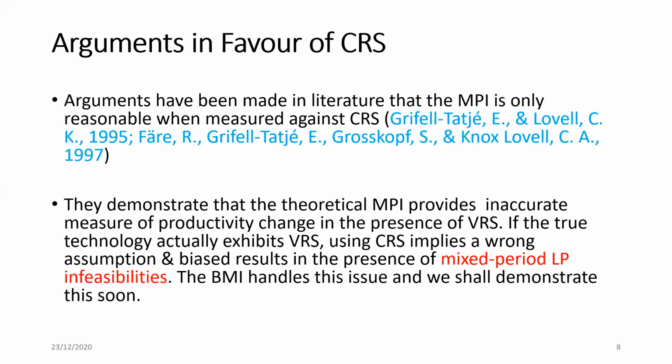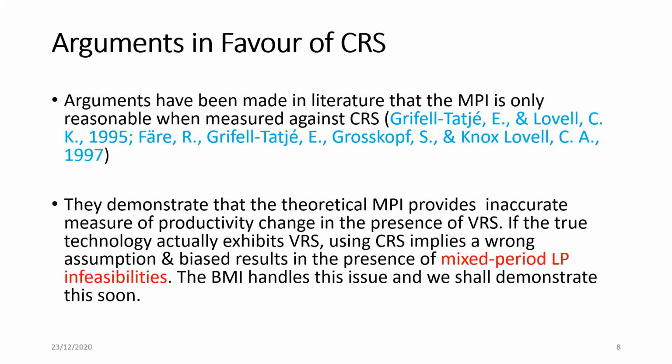So they created a new one. And then they went ahead to say that when you estimate the Malmquist under the VRS, it's not sensible, because the true technology that best explains the Malmquist is the CRS.